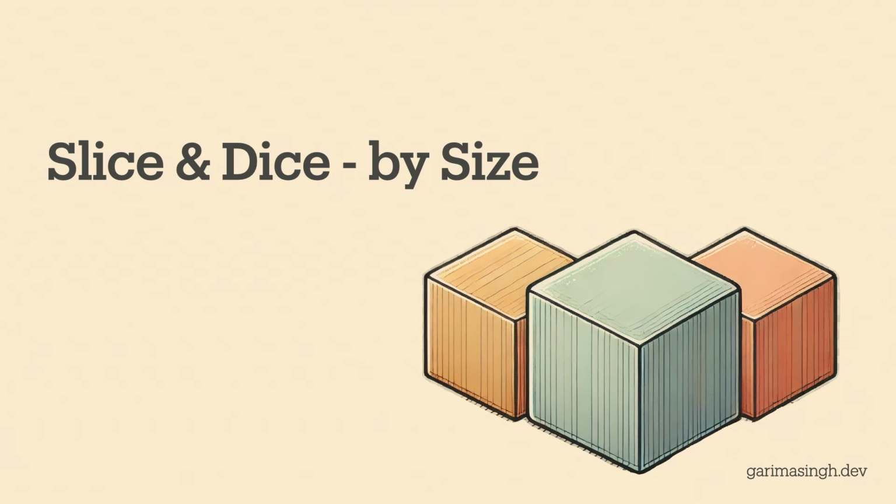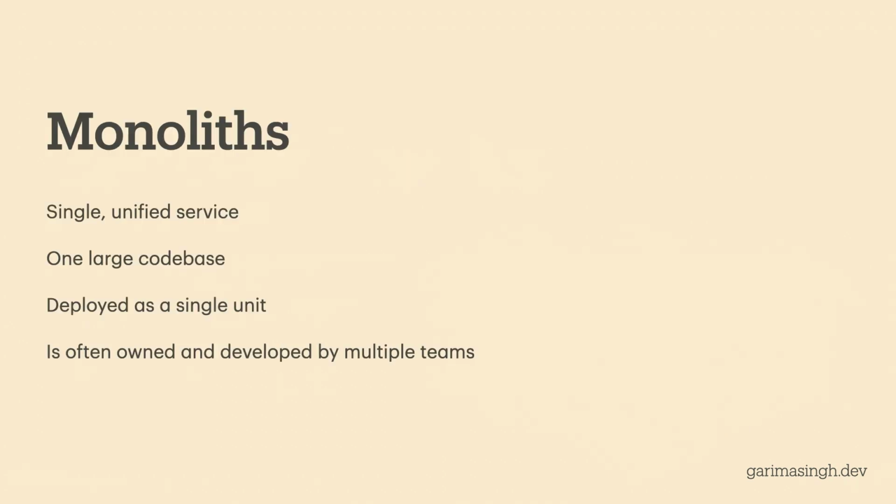Okay? Now, there are two popular sizes in services that anybody would have heard of. Monoliths. Anybody have heard of monoliths? Microservices? Yes. So those are the two popular architectural styles. Now, one may think, why am I going to talk about monoliths a little bit today? But I'm going to put a pin to that question, and I'll come back to it.